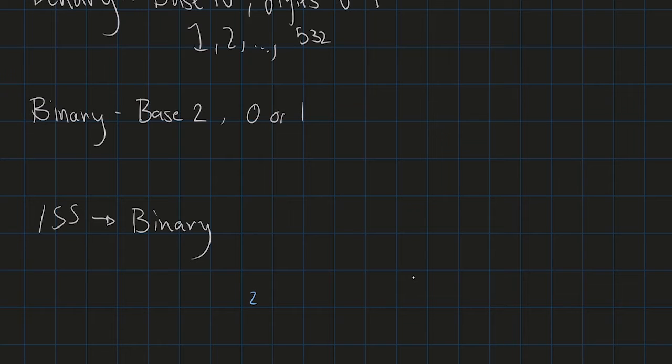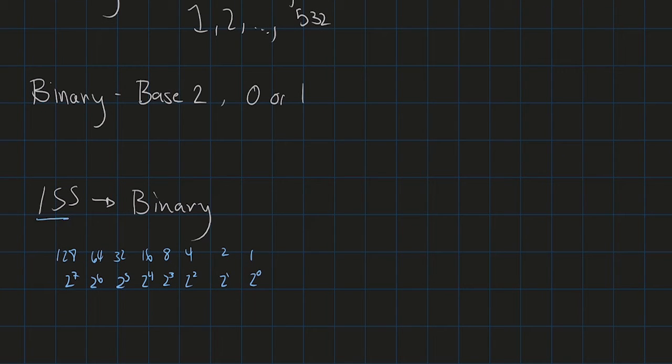We start off with 2 to the 0th power, then 2 to the 1st power, and so on, till we reach 2 to the 7th. If you're not very good with exponents, you could also write 1, 2, and then continue doubling till you reach 128.